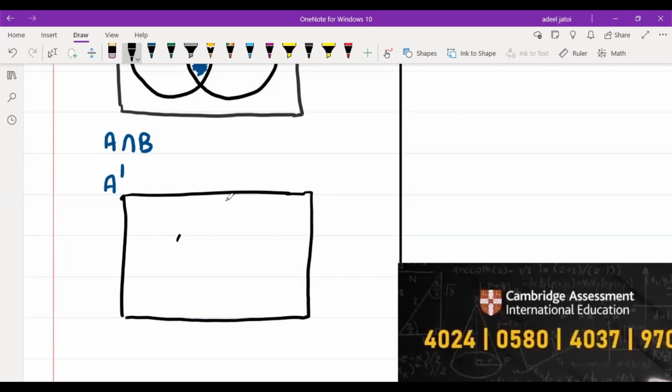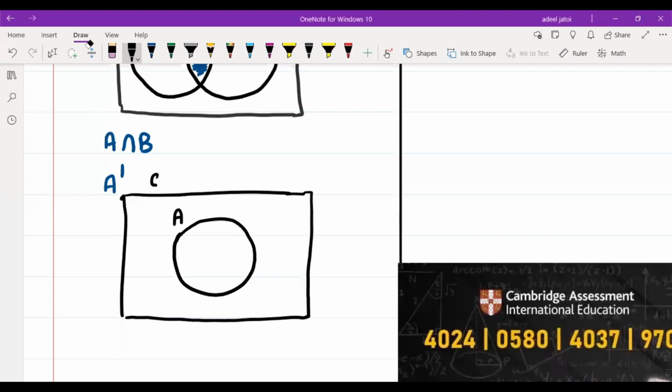So if A is there as a circle and considering this as the entire A, what does A complement mean? Your universal set is the entire rectangle that is given to you.